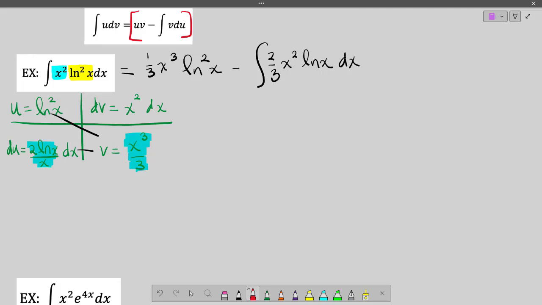And as you do more and more of this integration by parts, there's another clever trick that can be helpful, and that's with this minus sign. Because we still are going to have a minus that sits in front of these big red brackets. Because it's going to be minus, this integral is going to turn into a uv minus integral of v du. And as you do more and more of these, it's really clever and helpful to make that a positive and put that on the inside.